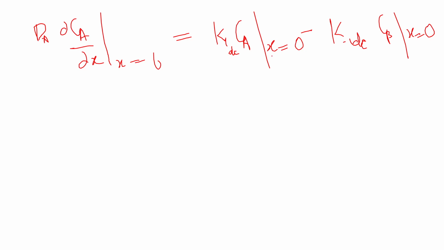Now, you know what this one is? This is CAS, and this is CBS. What is ∂CA/∂x at x equal to 0?